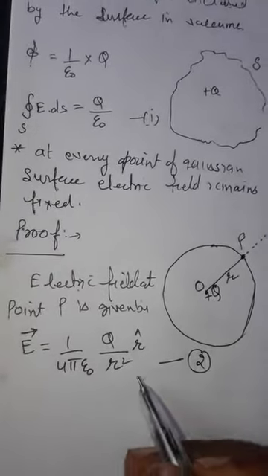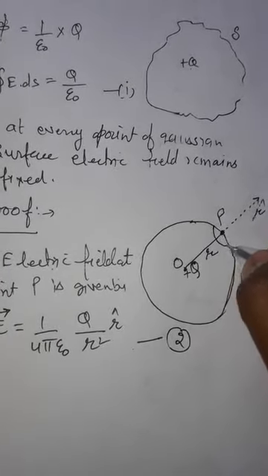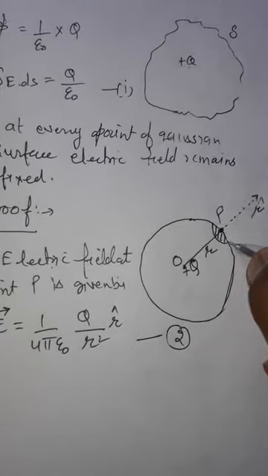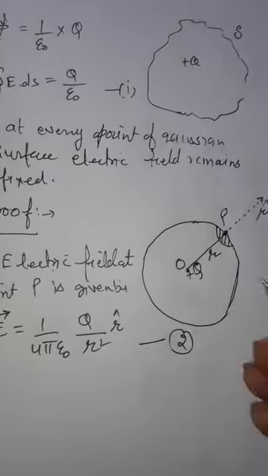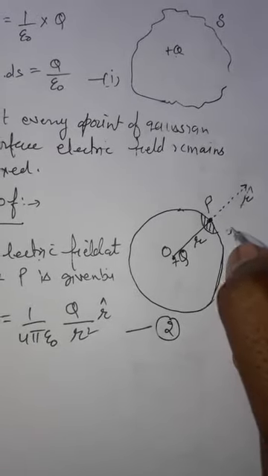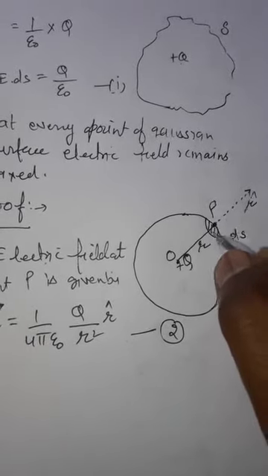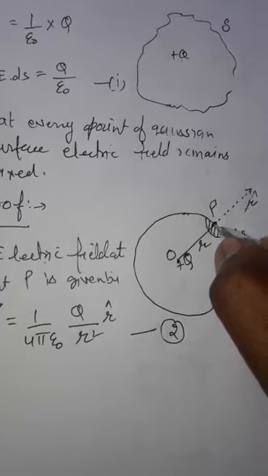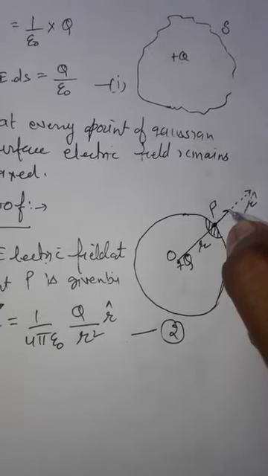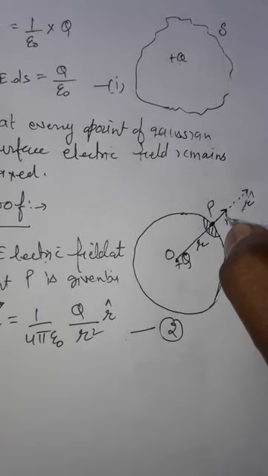Now, if we consider a small surface area around this point P, let this small surface area be ds. What is the direction of this area vector? As it is a surface, its area vector has direction normal to the surface, that is n cap.